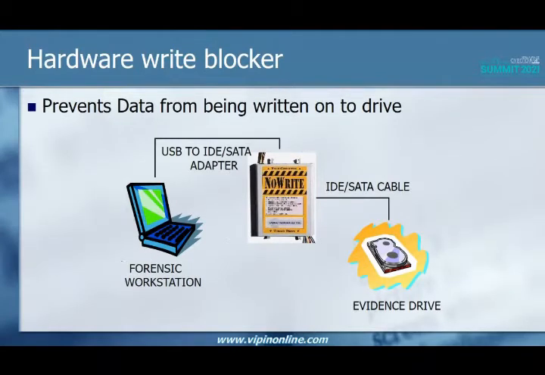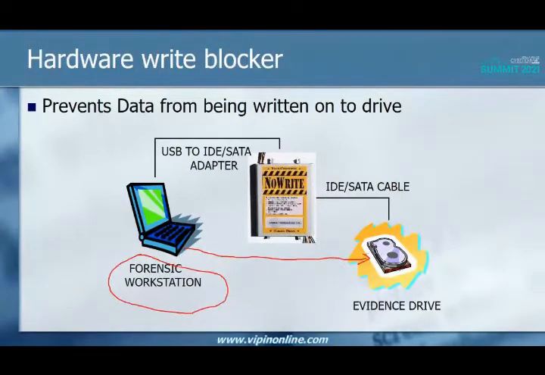So we have a forensic workstation, and we will be running a forensic tool to gather the evidence. If you connect that workstation directly to the evidence drive and there is malware on the forensic workstation, it will alter the drive.